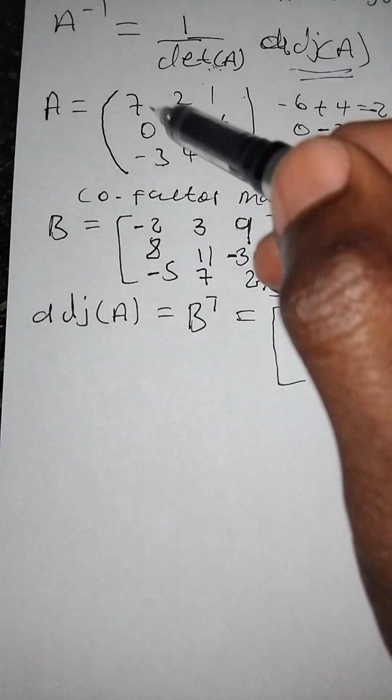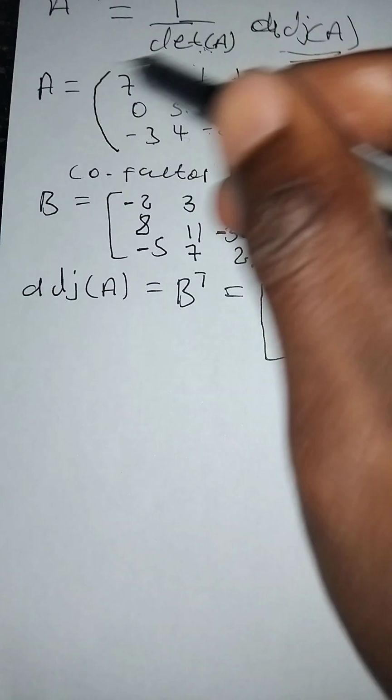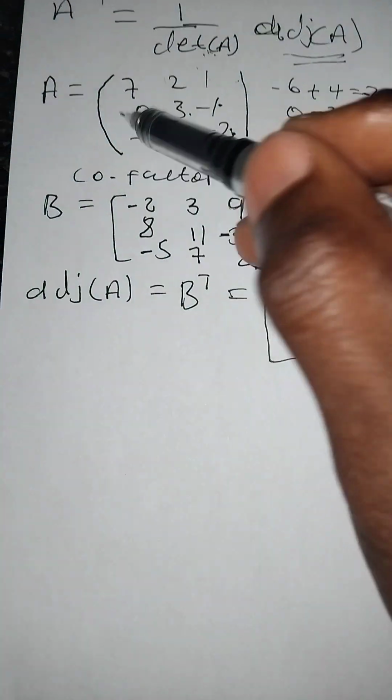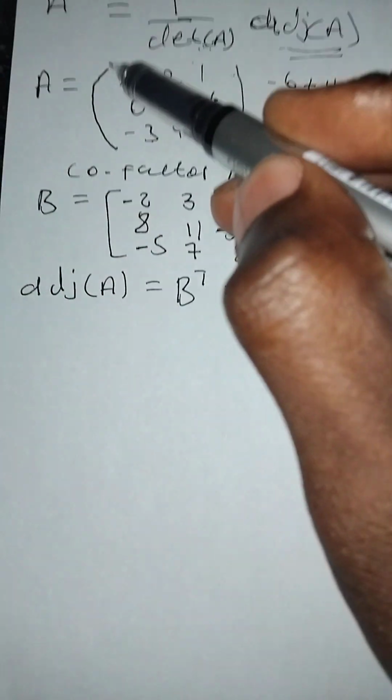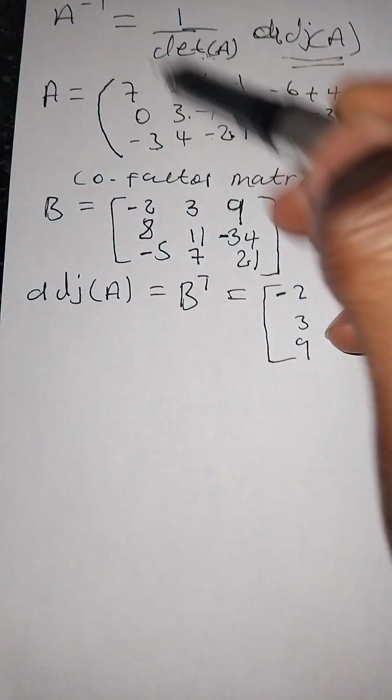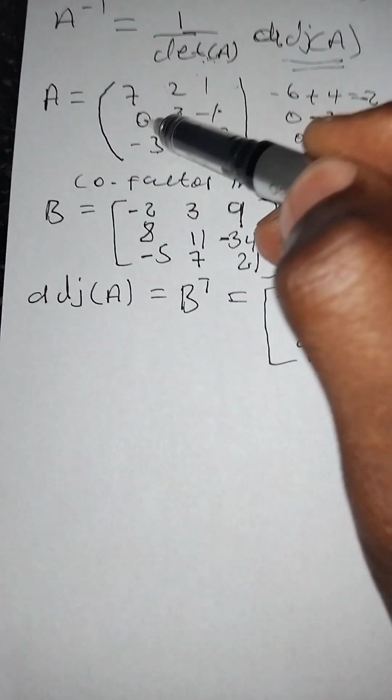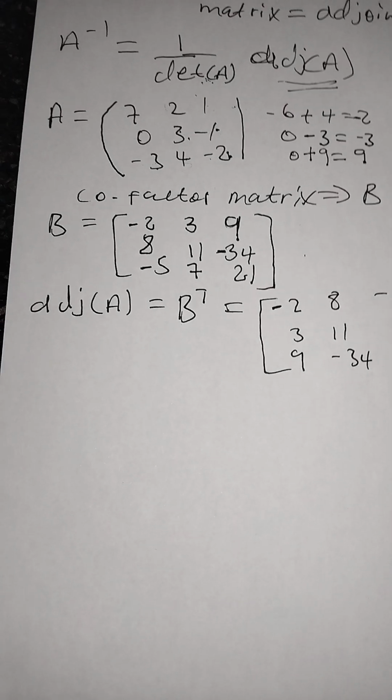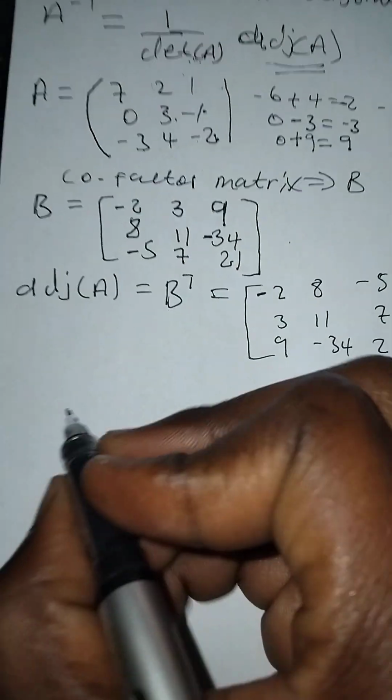I'm going to use this first column. Remember, you can use any column or any row to find the determinant. I'm taking advantage of this 0, so it's going to annihilate one of the minor matrices there.